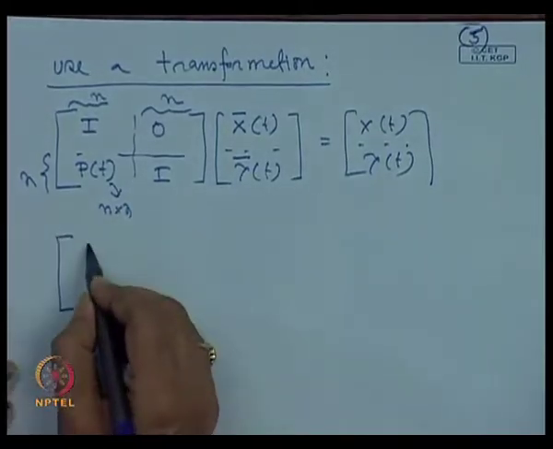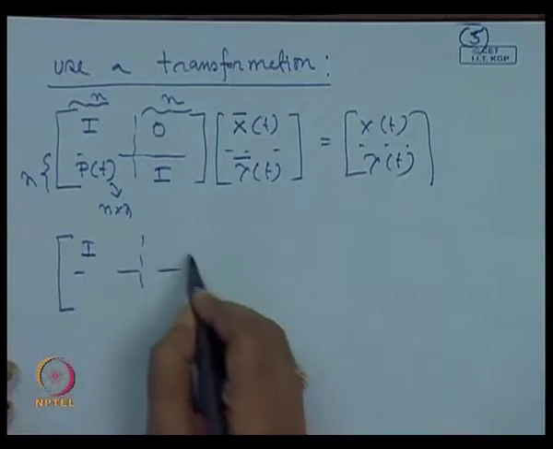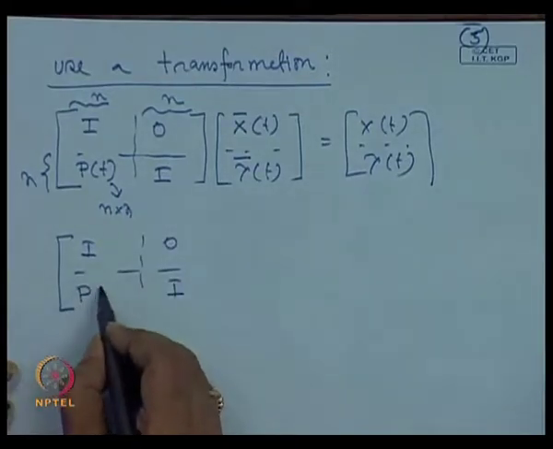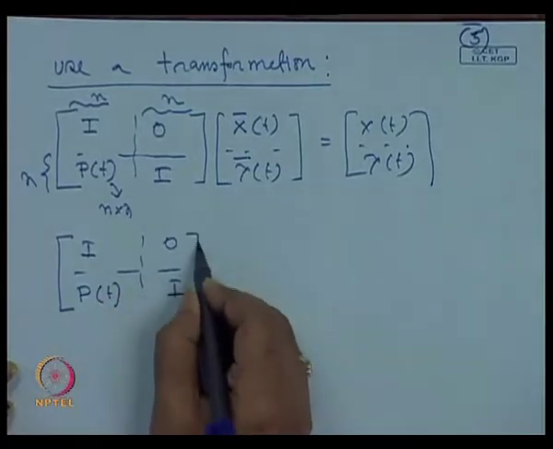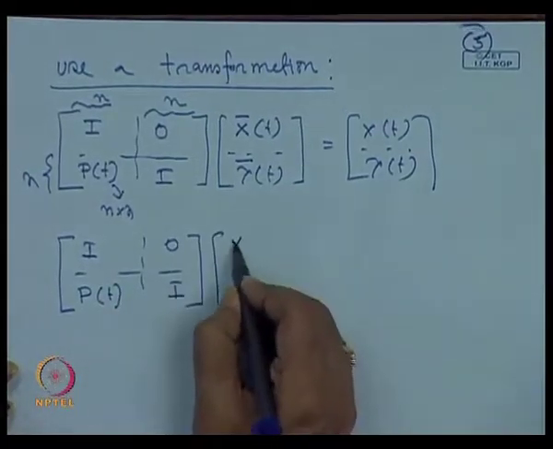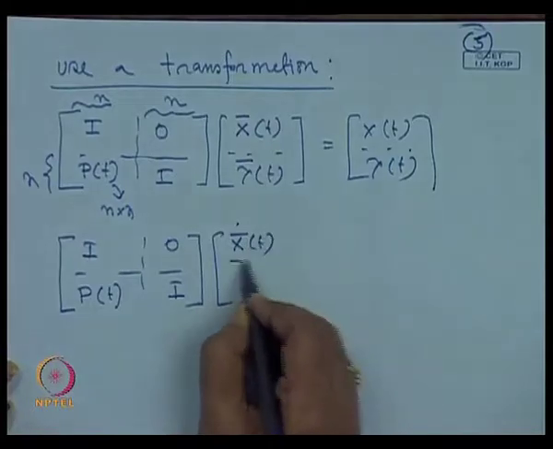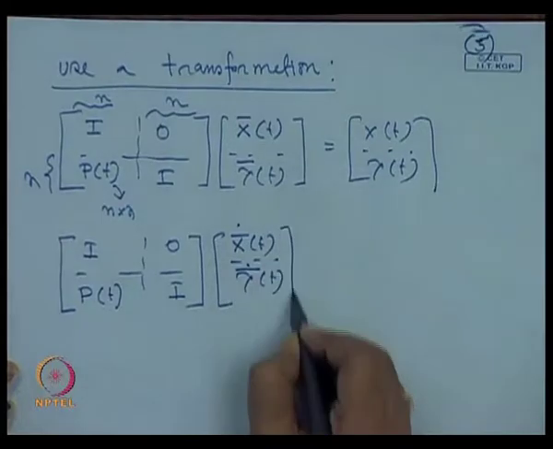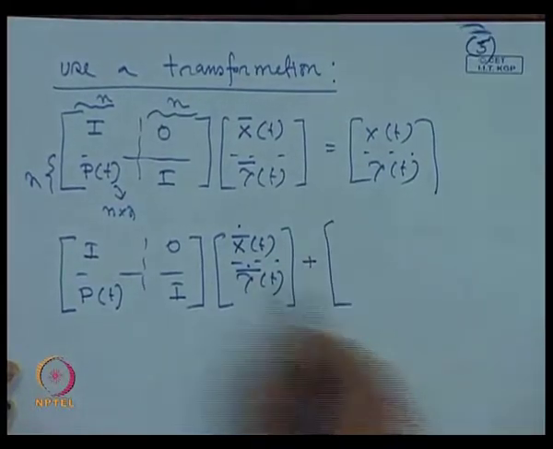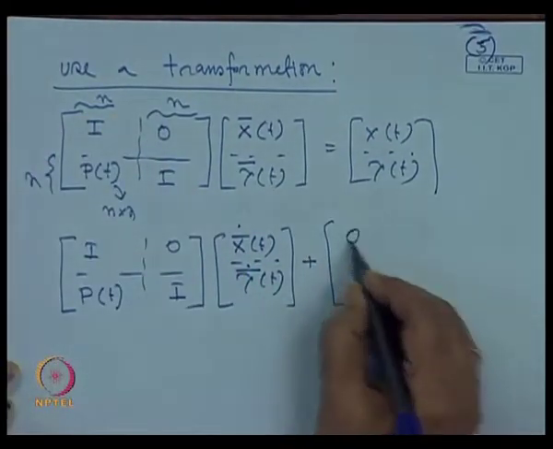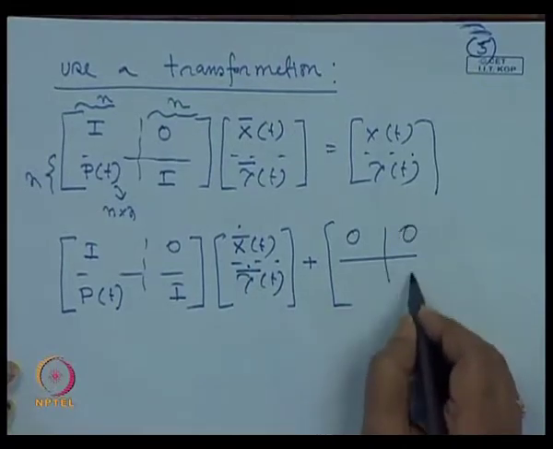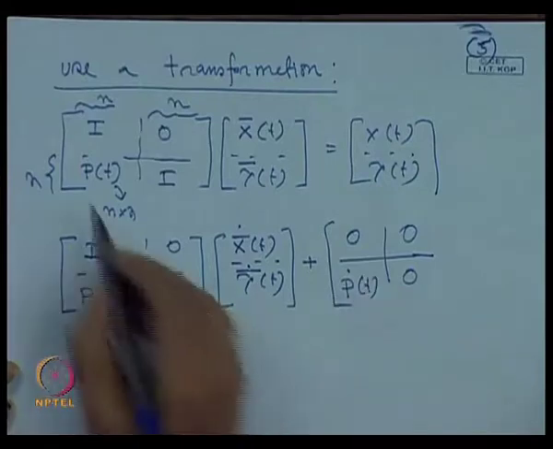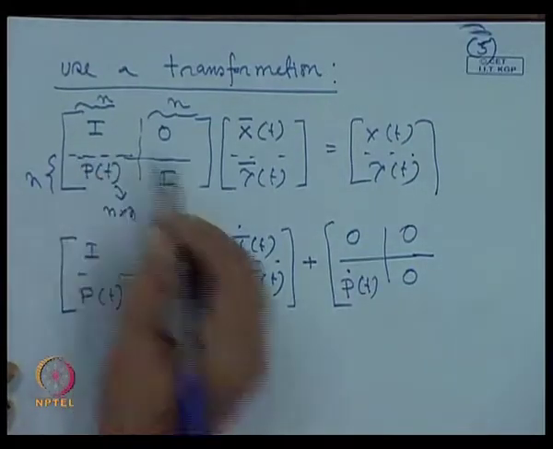First is I, this, p of t, then x bar dot of t, this, plus another term which is the differentiation of this block with respect to time: 0, then 0, then 0, then p dot of t. So, this is that one.